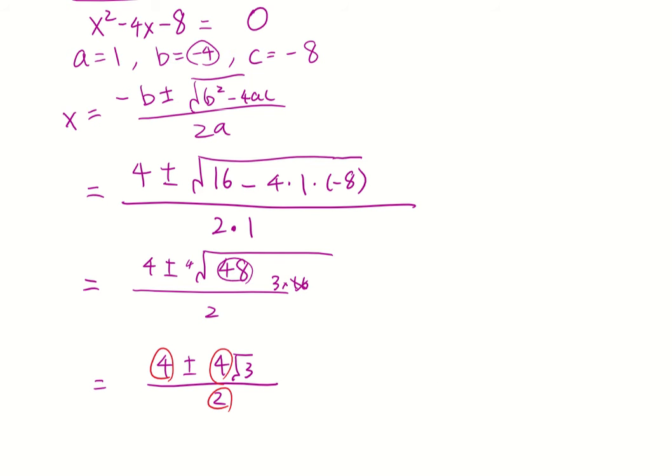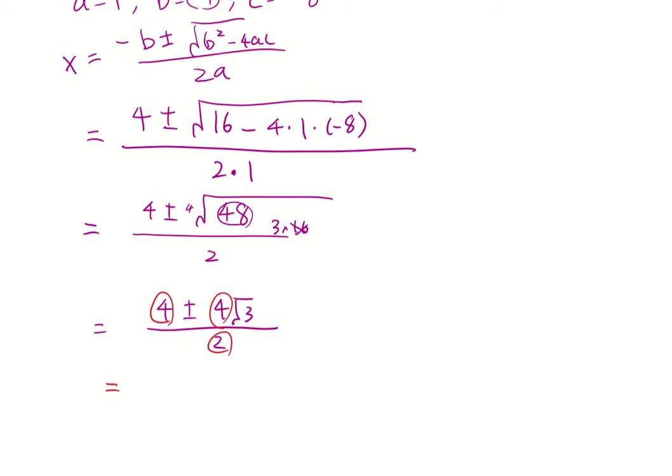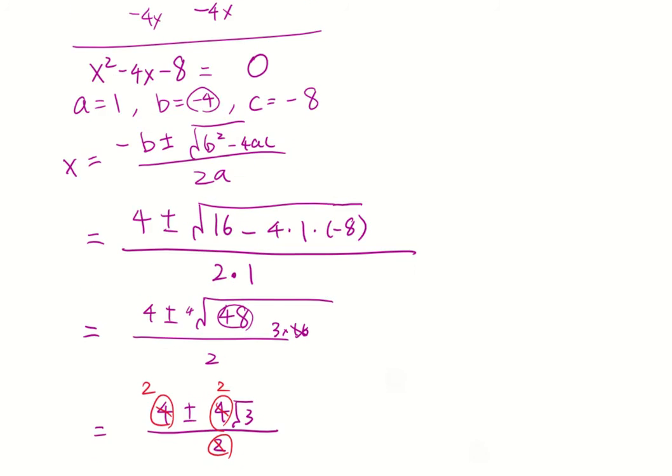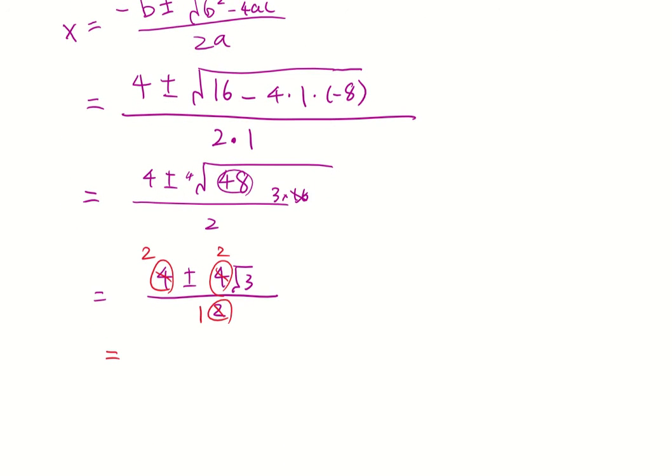There's a common factor of 2 here. So you can cancel out everything by 2. So that becomes a 2, that becomes a 2, that becomes a 1. So it becomes 2 plus or minus 2 square root of 3. Another way to see it is you divide every term on top by 2. You'll get 2 plus or minus 2 square root of 3. You have two real solutions here.